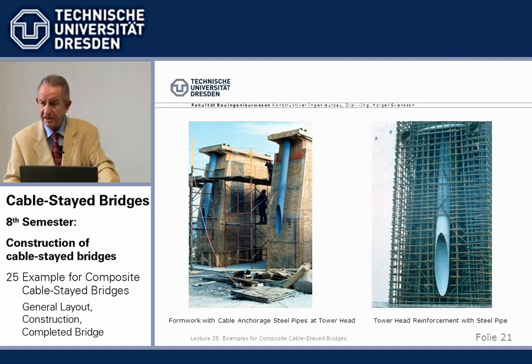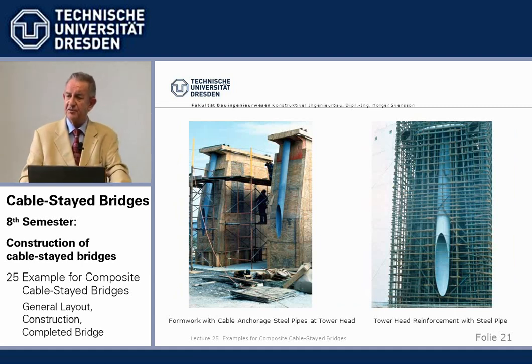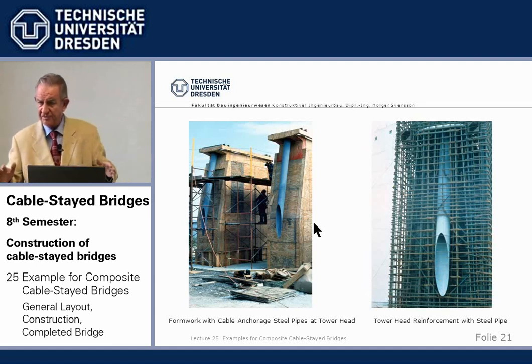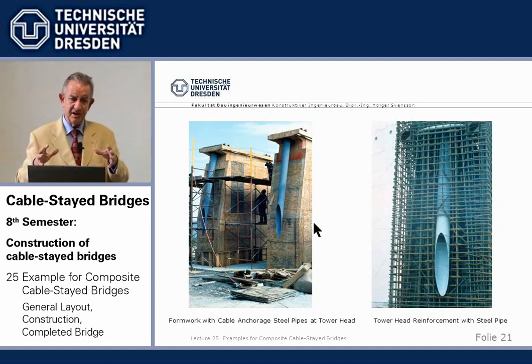And here we see how the casting of this tower head, which is also a little bit involved, was done. We always insist of preparing all the forms with the critical geometry of the steel pipes on ground. And we see it here.